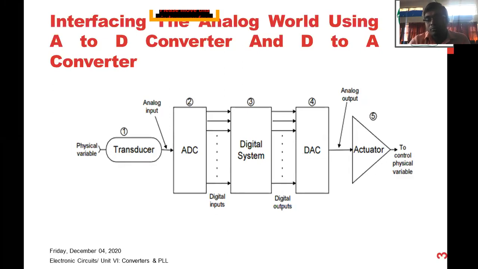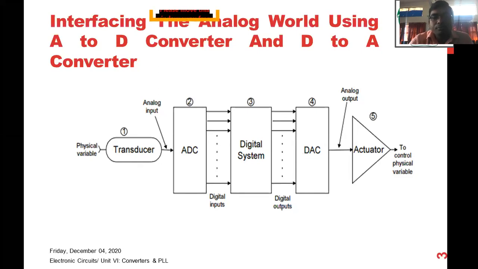In this way, in day-to-day life we are interfacing the analog world using the A to D converter, and reconverting it with digital to analog for various applications. This is just the introduction I wanted to give with the help of this application.